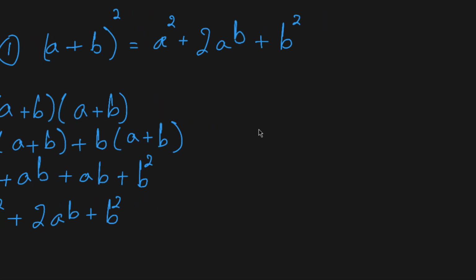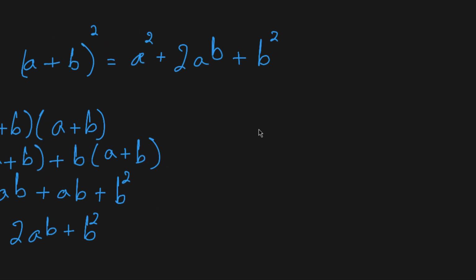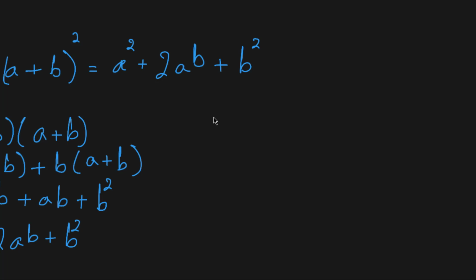Now we can find the square of binomials very easily using this formula. So let's say we have a binomial which is x plus 3 whole squared, and now we want to find the square of this binomial using the formula directly.